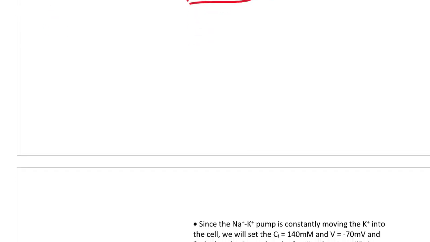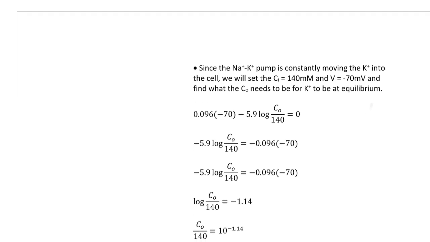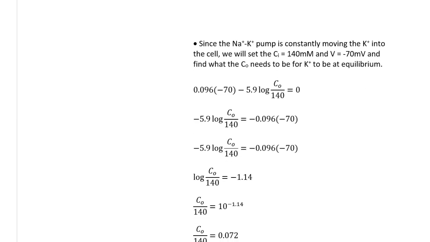So now what we're going to do is say, well, what does the concentration outside need to be if the equilibrium potential is minus 70? So we're going to plug in minus 70 for the V, for the voltage. We're going to put 140 in for the inside concentration, and we're going to solve for what the concentration outside needs to be.